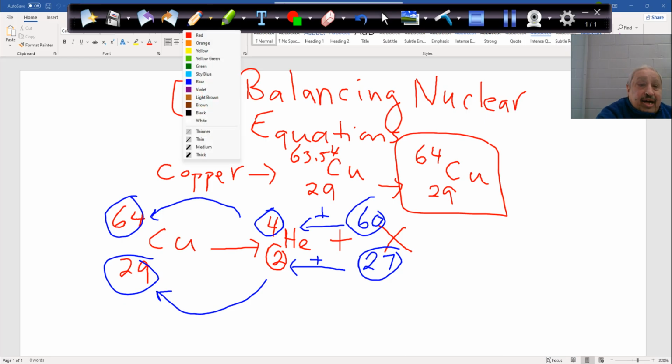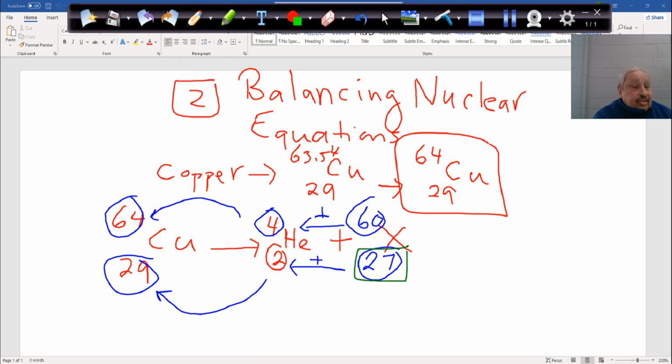Now I want to know what type of element it is. So I go by the atomic number. That's the only way I can recognize any element. Atomic masses differ from each other because of the number of neutrons. However, atomic number does not change.